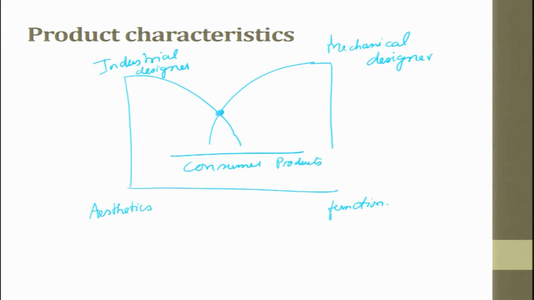There is a break-even point or a meeting point wherein industrial design and mechanical design are very important if you want to make a successful product. Here I have put aesthetics: the industrial designer gives more importance to aesthetics, the mechanical designer gives most importance to function. But these two should meet at a point, and very successful consumer products are developed at this point. This is a very important graph which tells who plays what role, and it also tells you that both roles have to be played to make a successful product.